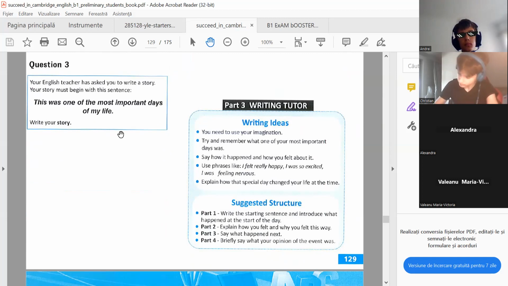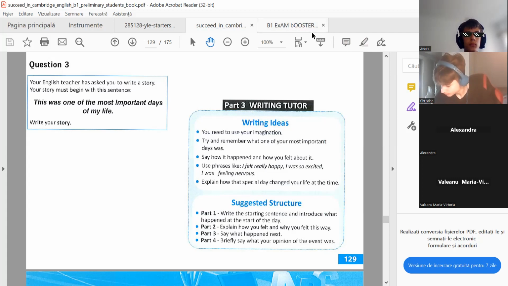Think of some ideas before you start writing. You can use a draft page at the exam. Poți să folosești o ciornă to do that at the exam. And then you start writing. Questions? Okay. Copy the first sentence. You should have 3 paragraphs, beginning, main body, and end.